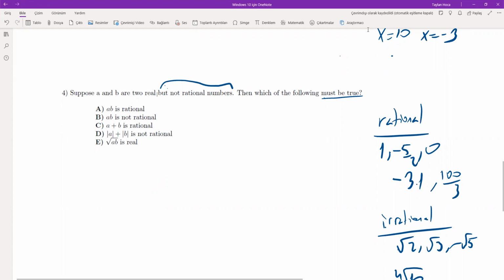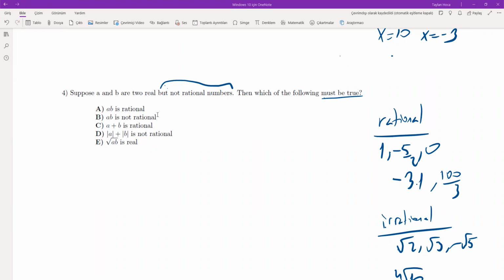A times B is rational. Does that have to be true? A times B, does that have to be rational? Think about two square roots and irrational square roots.